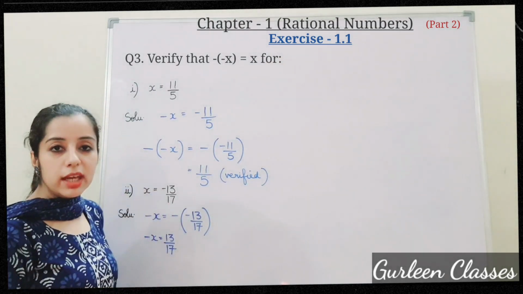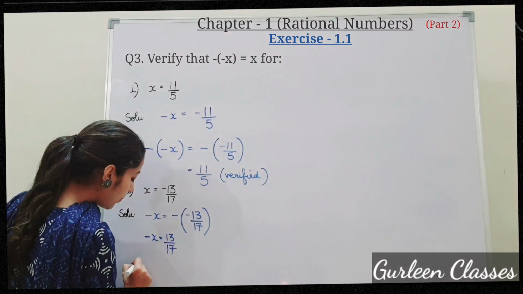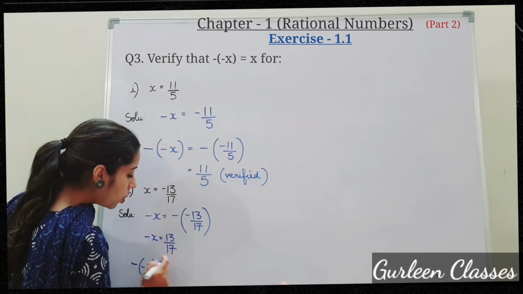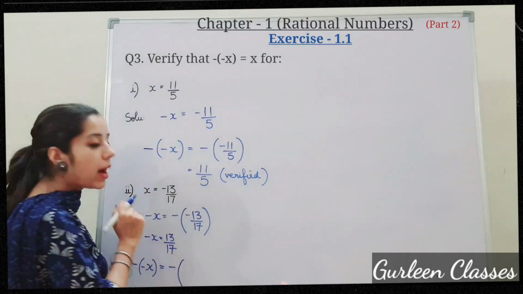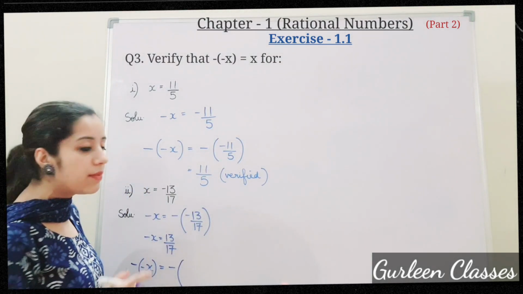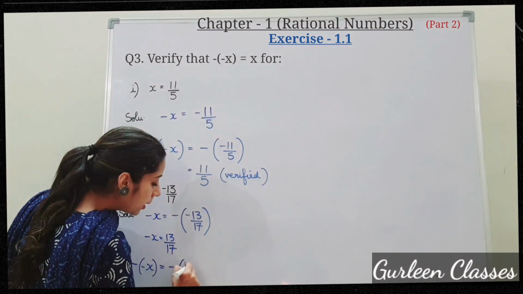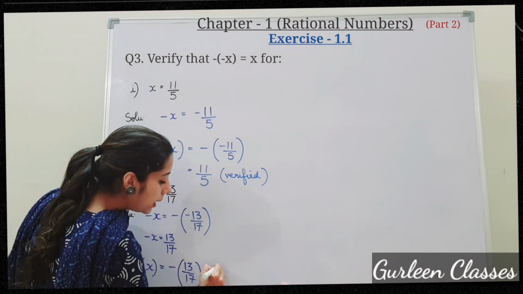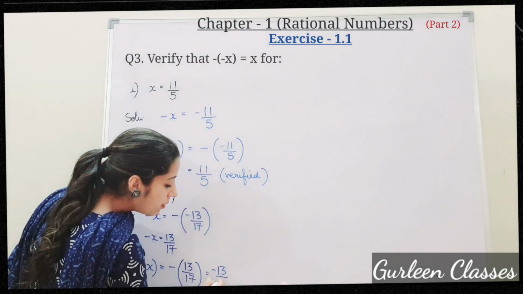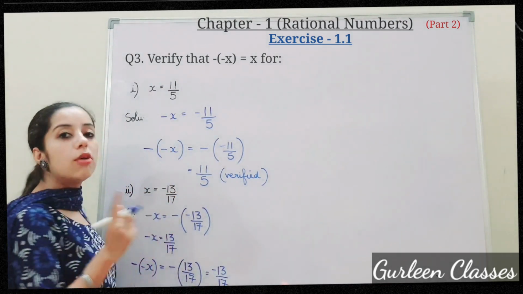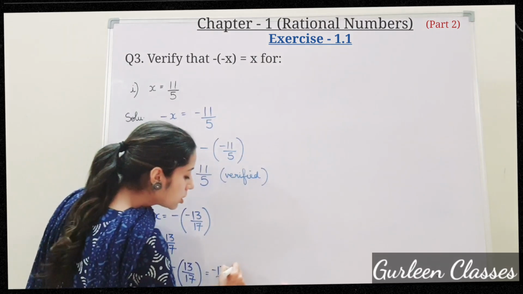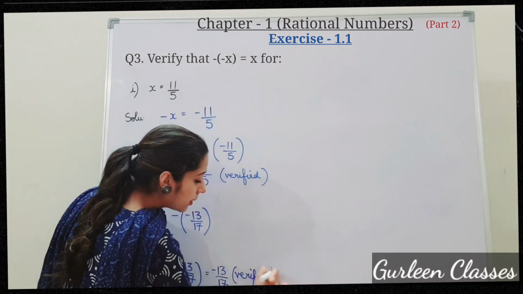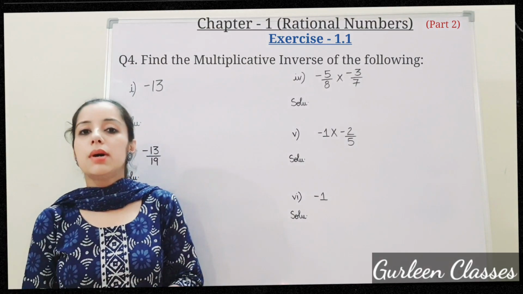We have to verify minus of minus x is equal to x. So the value of minus of minus x, we write here 13 upon 17 with the minus sign, so it is coming minus 13 upon 17. That is the value of x. So yes, it is also verified. So right here, verified.